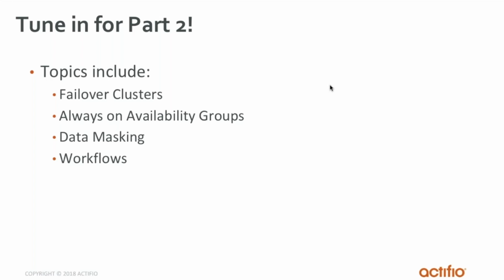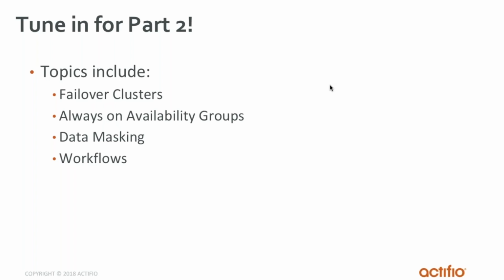I think it's on Tuesday of next week. That's correct. Part two, we're going to be talking about some more advanced concepts here. We're going to be talking about failover clusters and Always On availability groups. That's one of the core topics that I want to go through, some of the details about how we operate, what we do, why we do it.